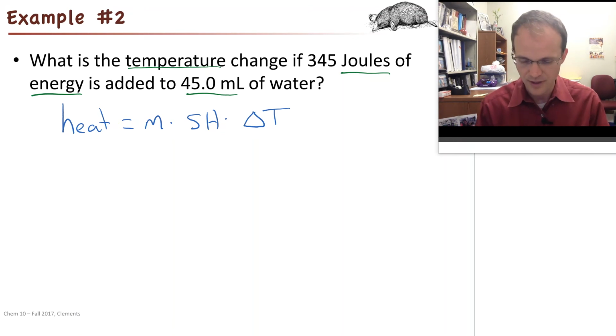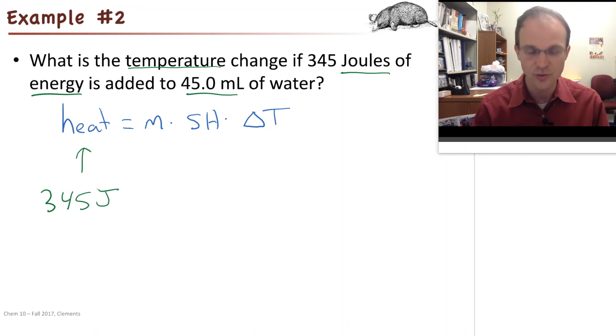So here, what do we have? Whenever we have problems like this, just like in other problems, we want to look to see what we do have and what we don't have. First, do we have anything about heat? Yes, we were told that we have 345 joules of energy that was put in. Then, do we have anything about mass?